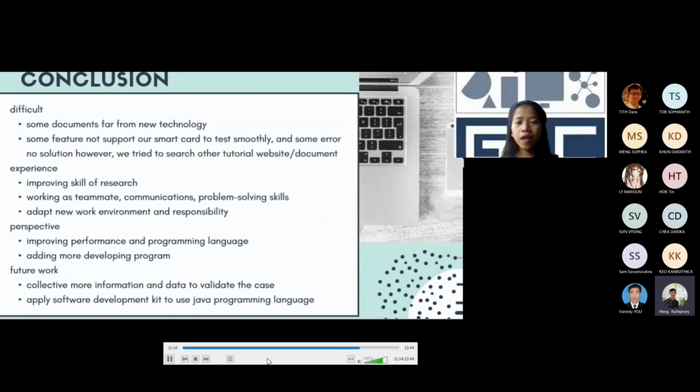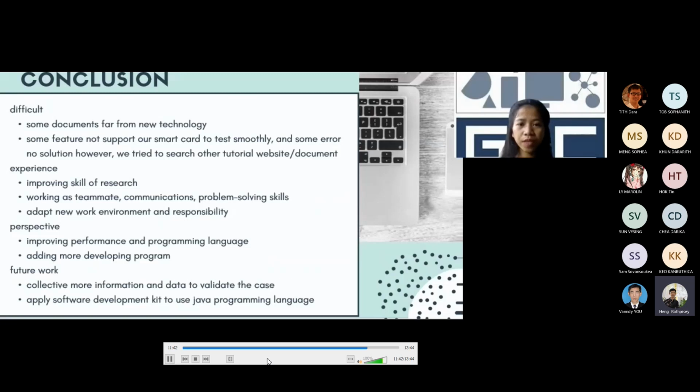About the conclusion part, during my internship I faced some difficulties and gained experience that I would like to express. The first is about my difficulty. As a researcher, we would like to read many documents, including tutorial websites or books.